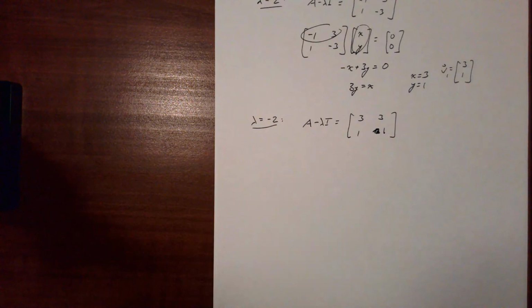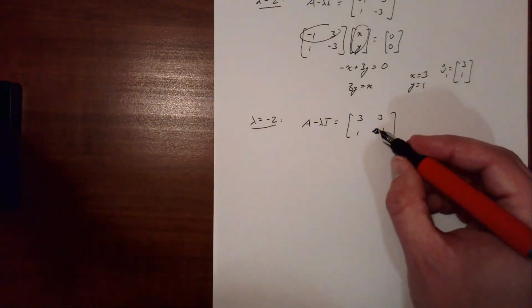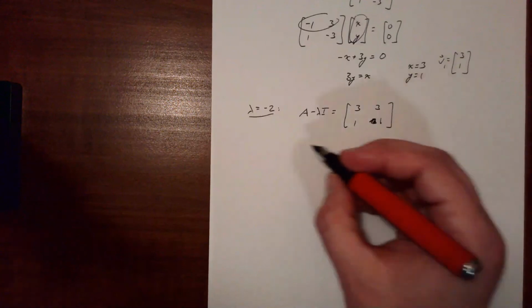Now, pop quiz. How did I know that that couldn't be right? If your eigenvalue is correct, one of the rows must always be a multiple of the other row. If not, you've done something wrong. So I knew that that couldn't be right because that condition was not satisfied.